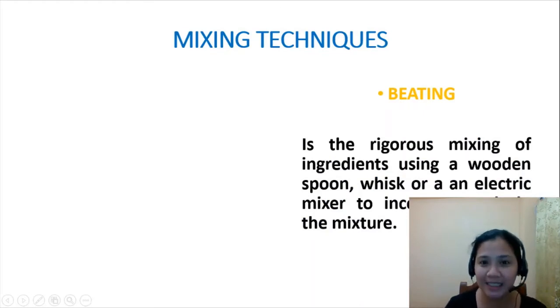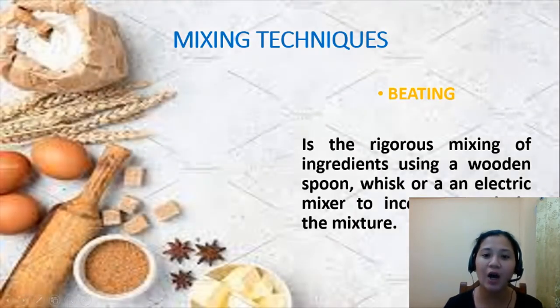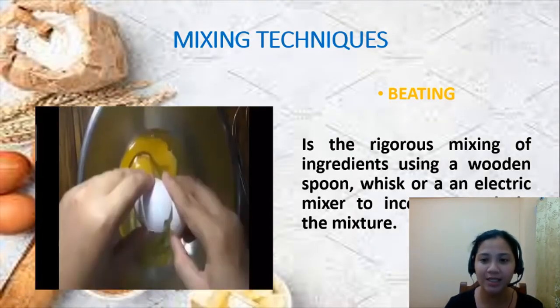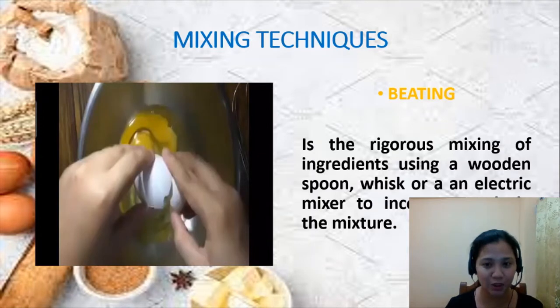The first mixing technique that we are going to learn is beating. So what is beating, class? It's the rigorous mixing of ingredients using a wooden spoon, whisk, or an electric mixer to incorporate air in the mixture.